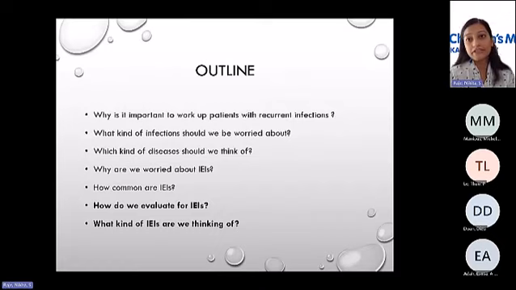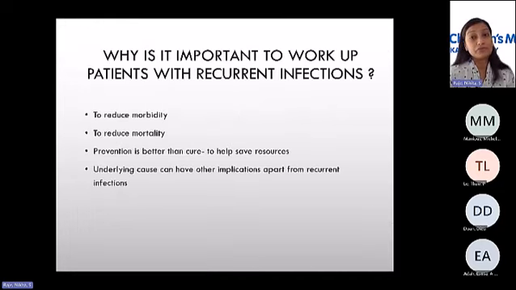So here's an outline, and we're going to start with the first question. Why is it important to work up patients with recurrent infections? The simple answer is to reduce morbidity and mortality of the patients from the infections or the underlying cause.